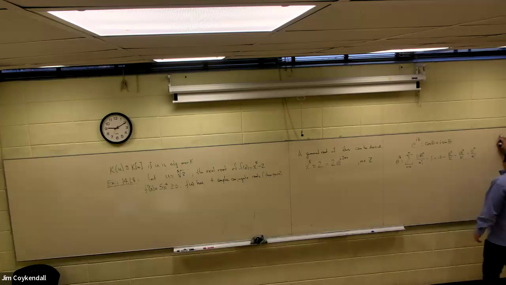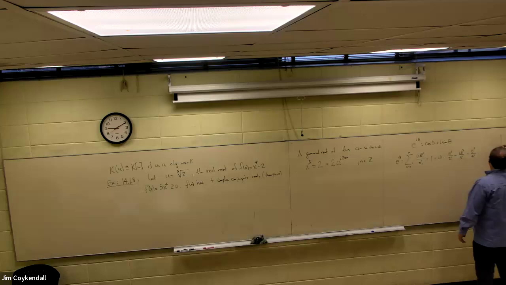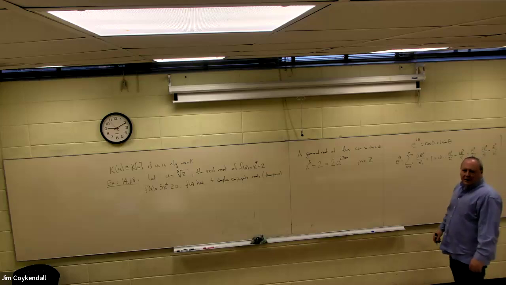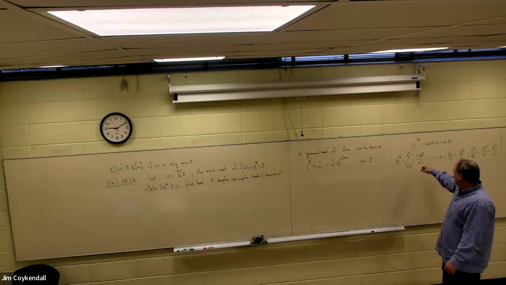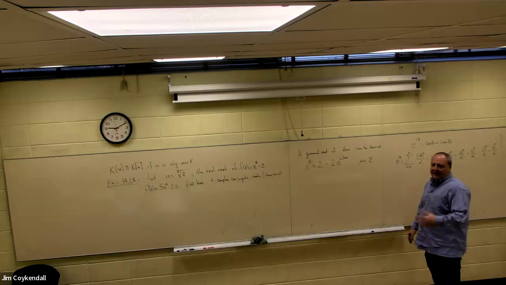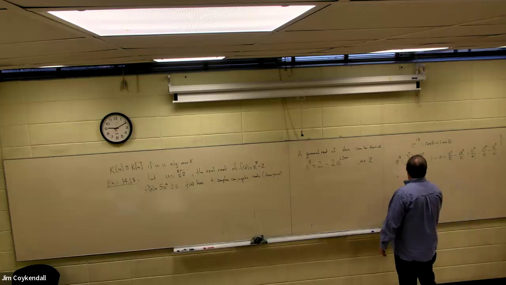Fifth power, sixth power, et cetera, et cetera. Now, here I'm liberally using the fact that this series will converge absolutely. I'm also playing a little fast and loose because I've got an i in there that they're not used to in real calculus.